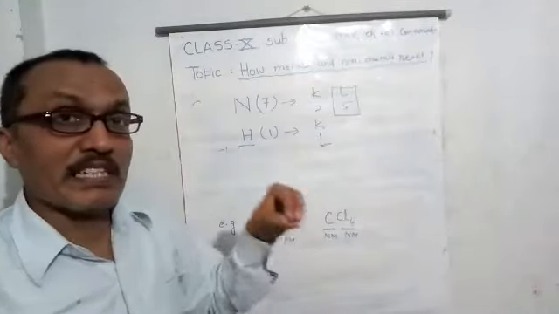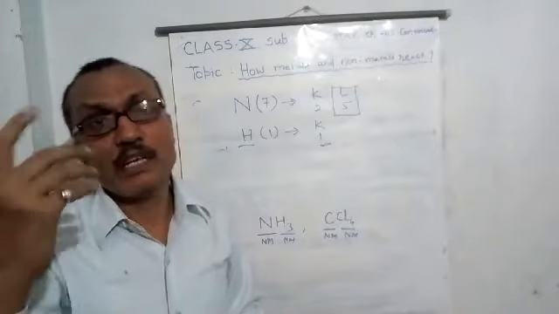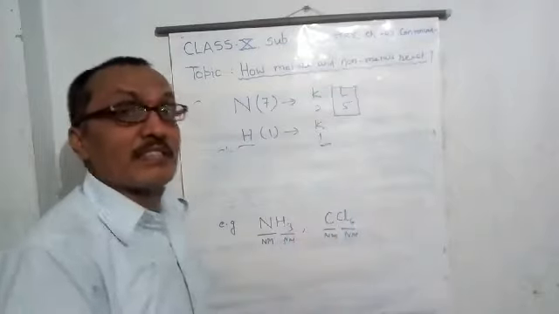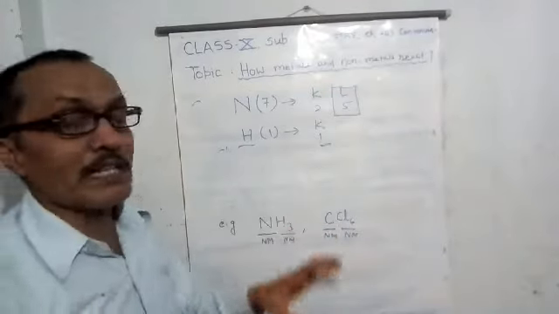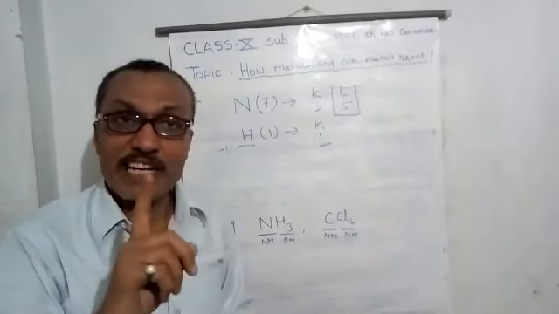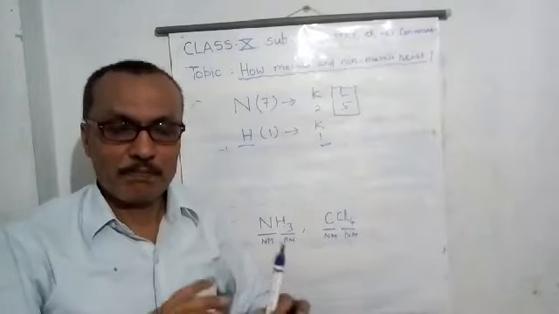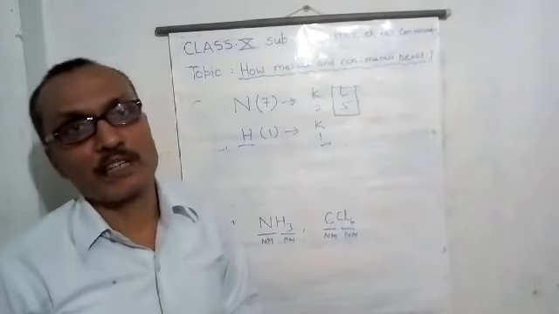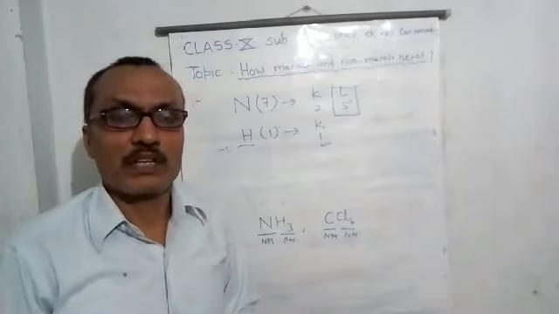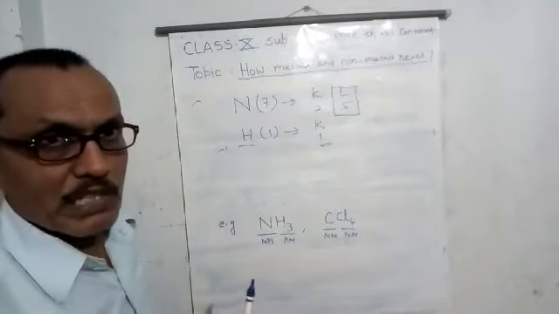No one is in a position to lose electrons. So both are needy, and that's why they follow a second path to become stable, and the second path is mutual sharing of electrons. They share their valence electrons, and in this way they get a stable electronic configuration.